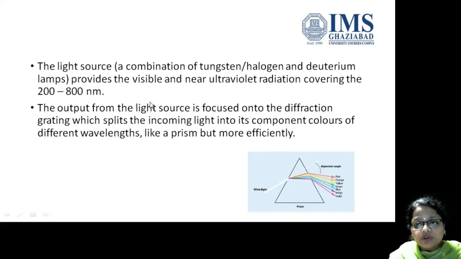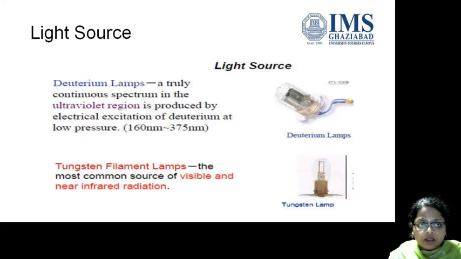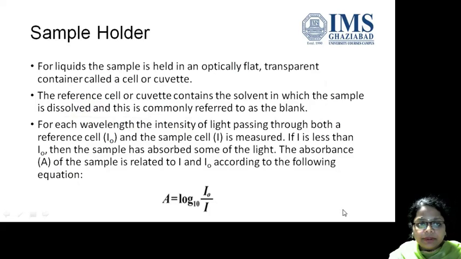The light source for UV visible spectroscopy is generally tungsten, or it can be a deuterium lamp. The light is then focused with the help of a diffraction grating or a prism, which separates this light into individual components. This is the diagram of the deuterium lamp and the tungsten lamp.